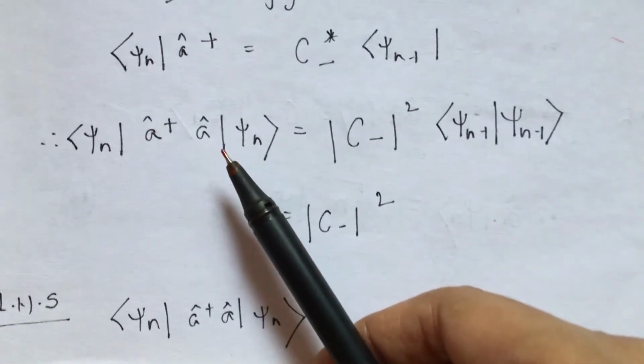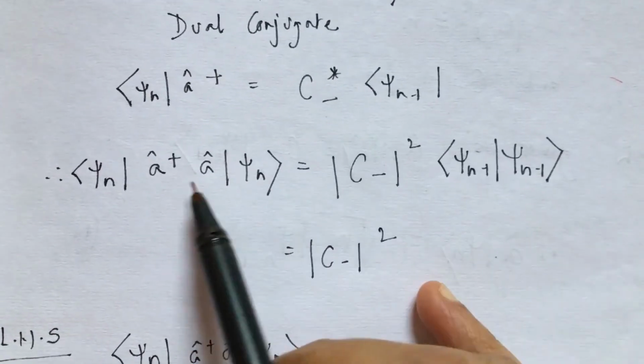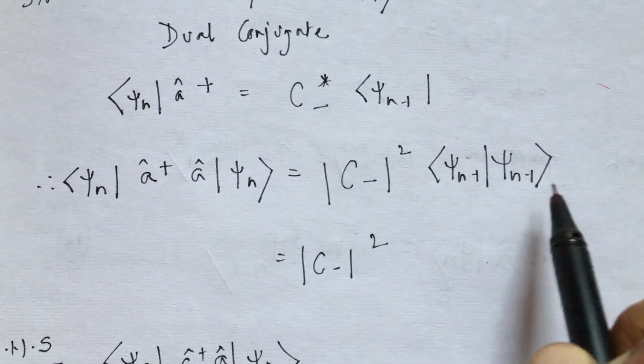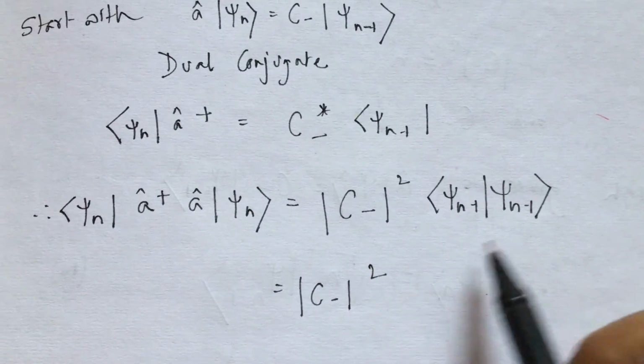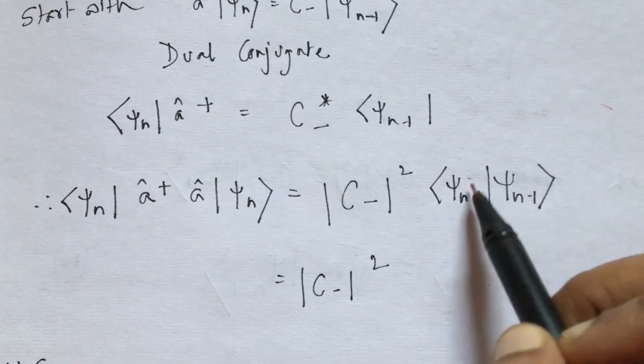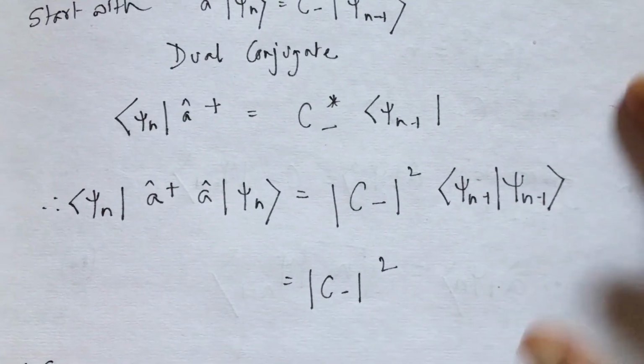Now making the scalar product of these two, on the left hand side I will get this, on the right hand side I will get this, because C minus star C minus is nothing but C minus mod square. The wave functions are normalized, so this portion is equal to 1, so I am left with C minus mod square.